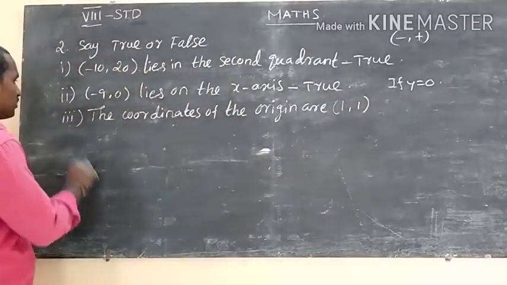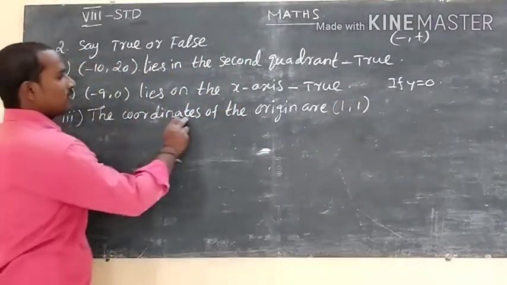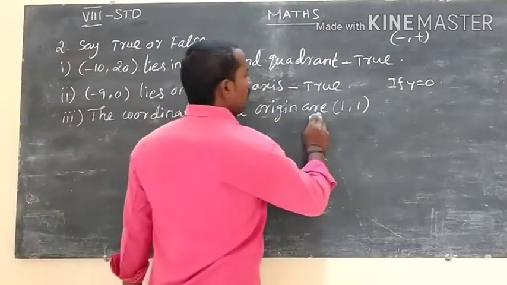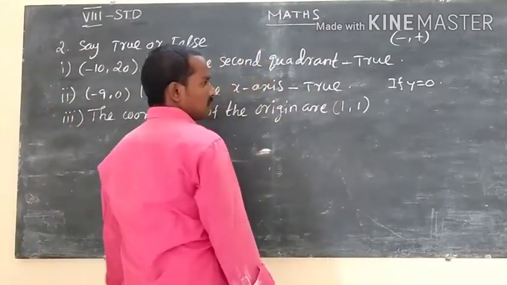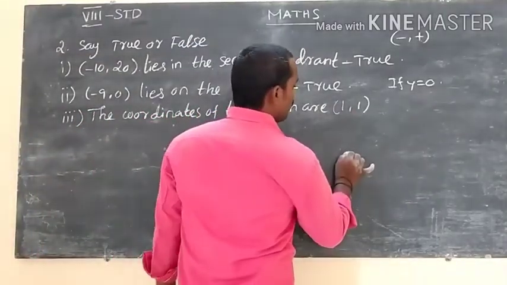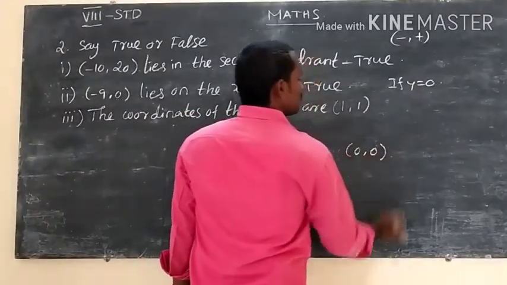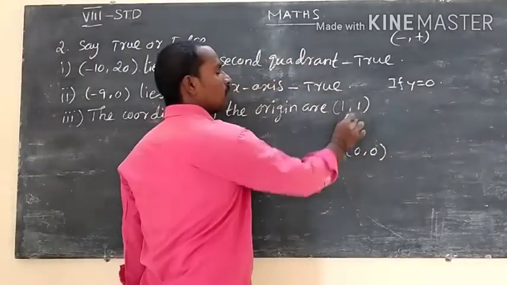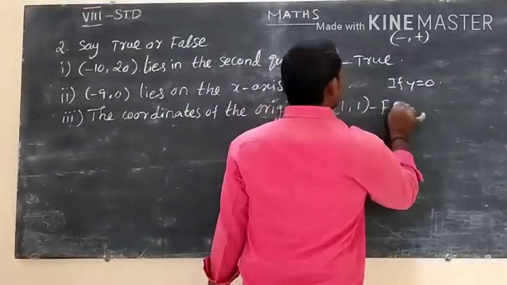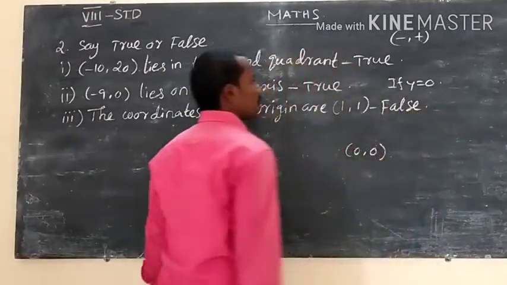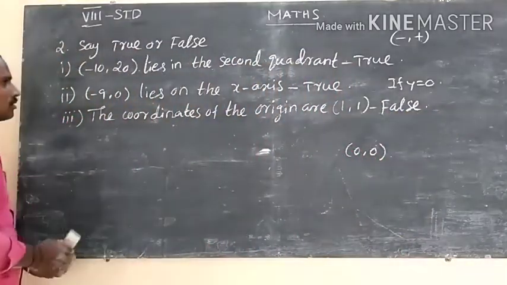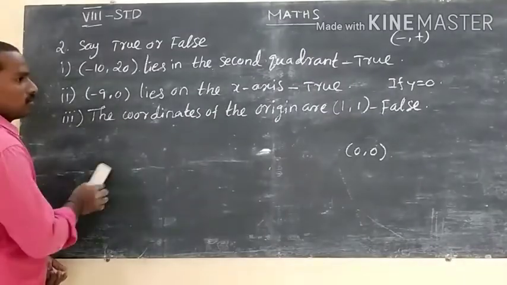Okay. Then the third one: the coordinates of the origin are (1, 1). It is wrong because the origin point is (0, 0). But here (1, 1) is given, so it is false. I understood the reason. Okay, that's all for the true or false.